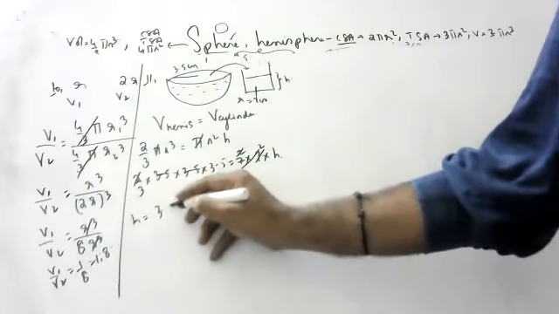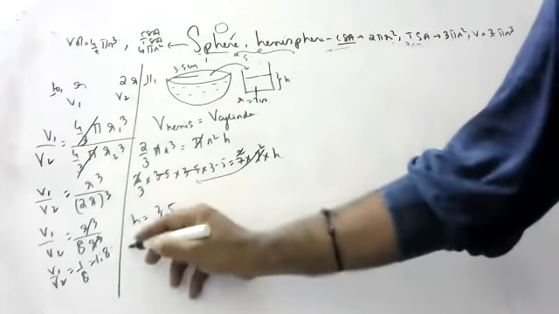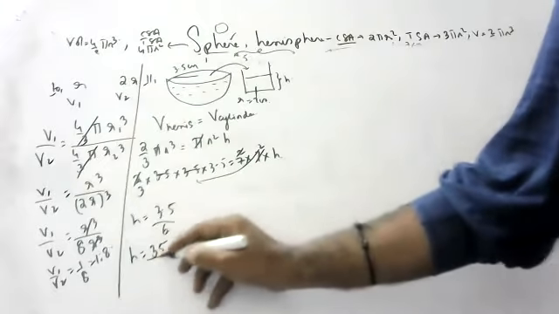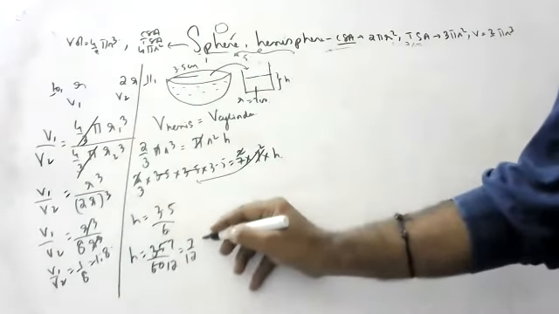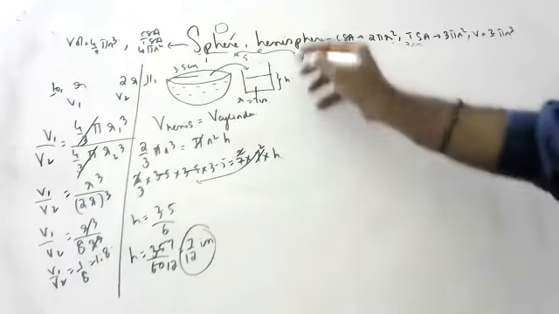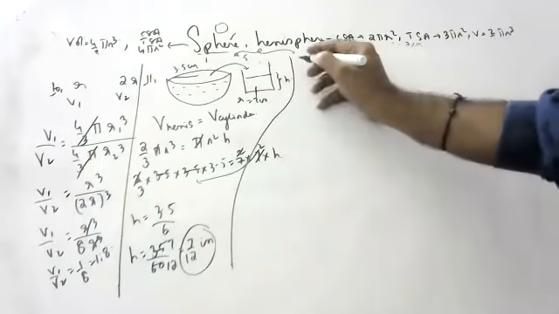So 3.5 by 3 twos are 6, so 35 by 60. 5 sevens are 35, 5 twelves are 60, so 7 by 12. 7 by 12 centimeters is the rise in the height of the cylinder.